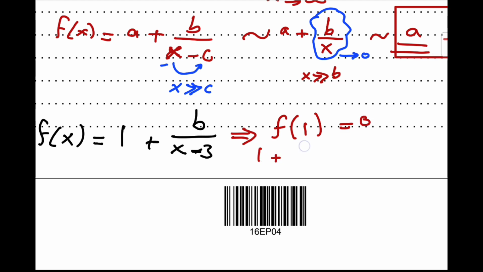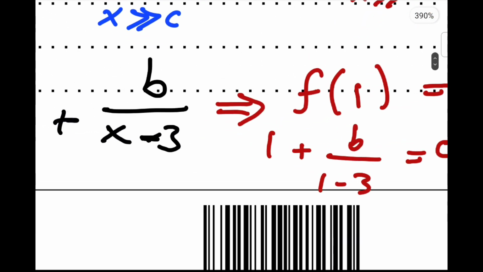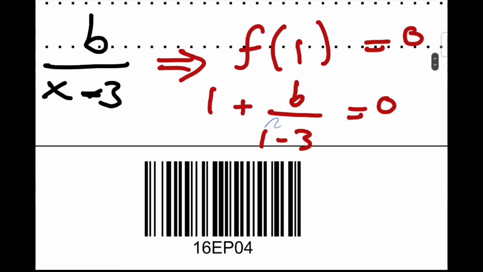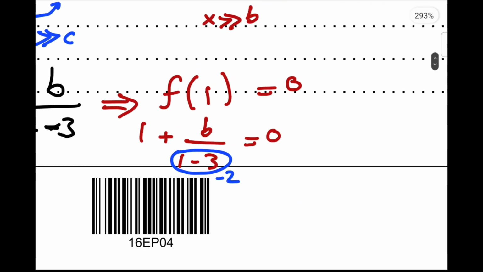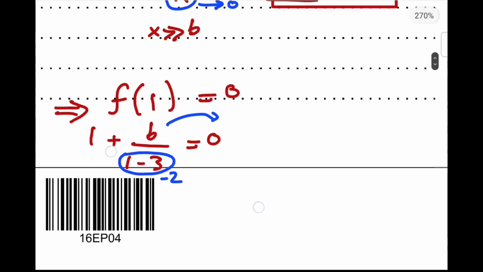This is 1 plus b over 1 minus 3 equal to 0. 1 minus 3 is just minus 2. So we can take b over minus 2 to the other side, and it becomes positive.